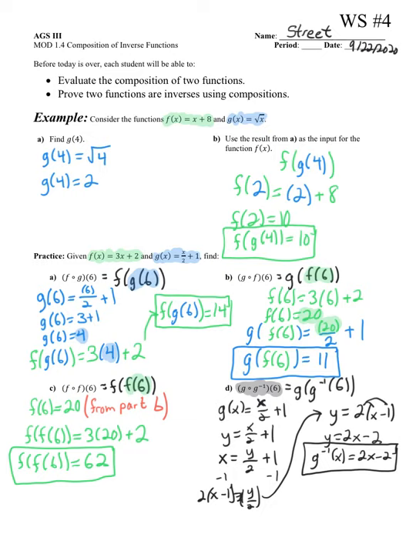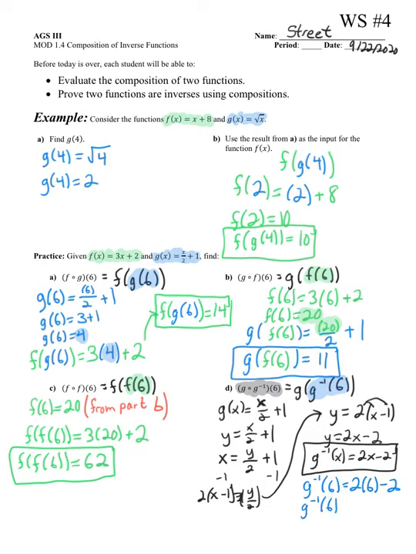So we're going to start with g inverse of x, or g inverse of 6, and I have the g inverse equation written down here. So we can say g inverse of 6, and we'll substitute 6 in for x.